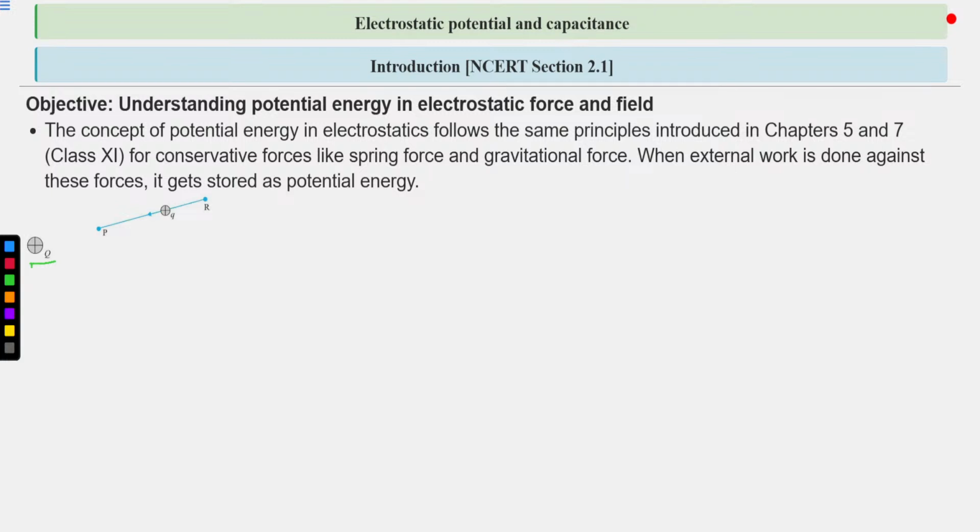In gravitation, we took a source mass that creates the gravitational field, and similarly in the electric field, this capital Q creates the electric field. This small q is the test charge which we are going to move between two points in the electric field of this source charge.